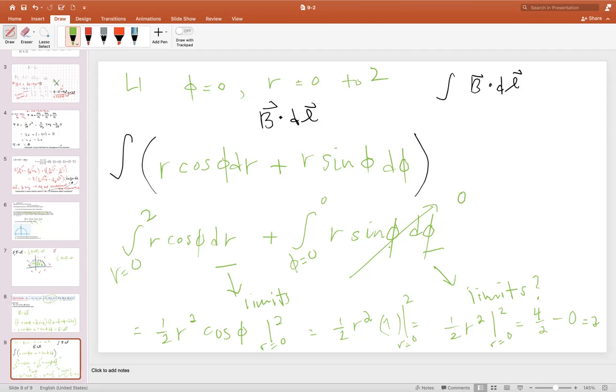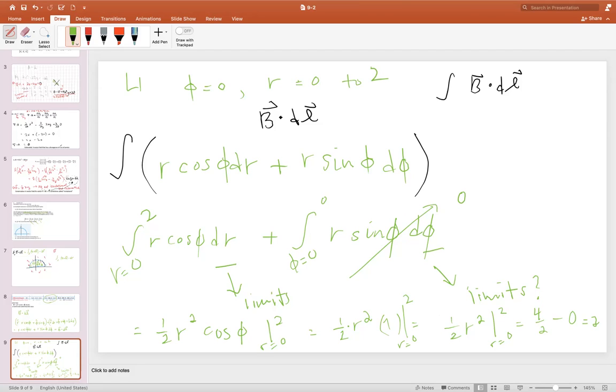Should we actually do this integral? Yes. That was my question, because some values are changing, some are not. So should we take out the values that are constant and work with the ones that are changing?